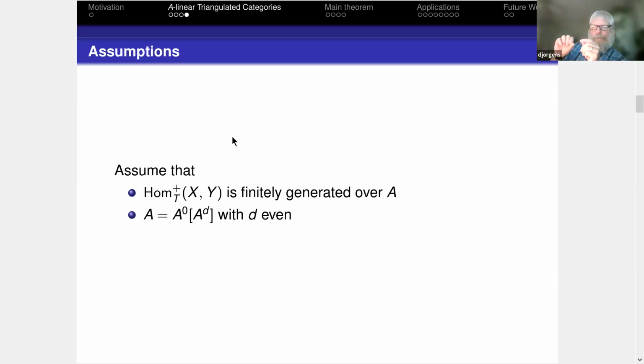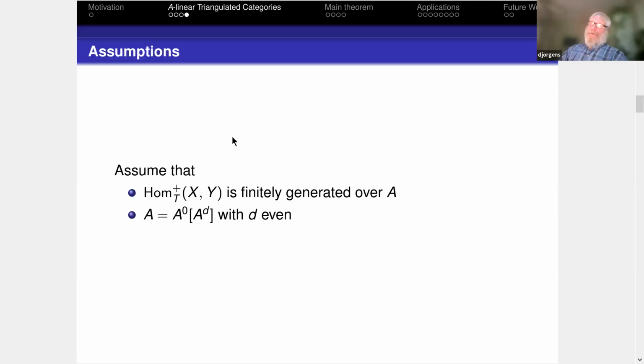You remember Hom star is the Homs from X to shift i of Y. So I just want to take the part where the i on the shift is greater than or equal to 0, the positive side of the Hom star module. And I want to assume that that's finitely generated over this graded commutative ring A.